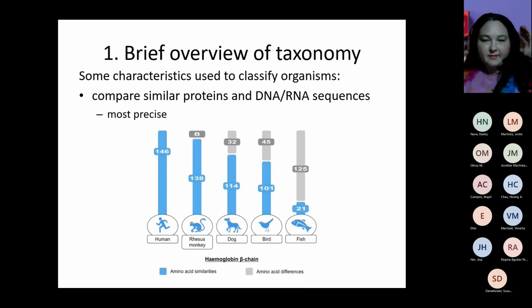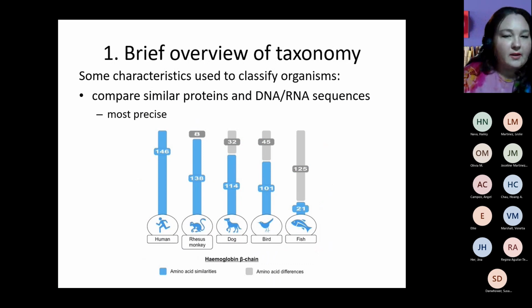Yes, the proteins. Okay. So rhesus monkey, 138 of those amino acids are identical to the human. And there are 8 different amino acids. And then we go down to the dog and we see that there's 114 amino acids that are identical to the human. And there are 32 differences, and so on and so forth until we get to the fish.